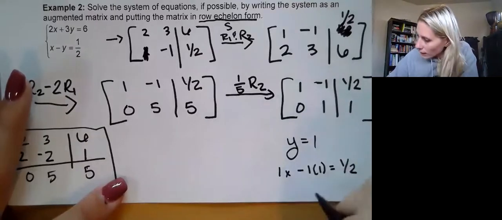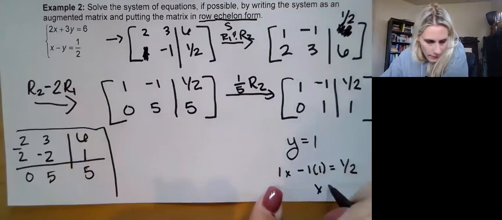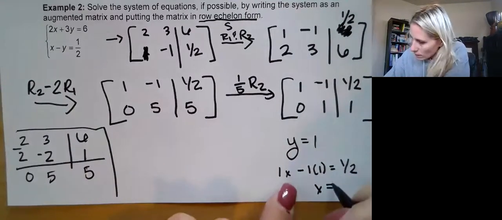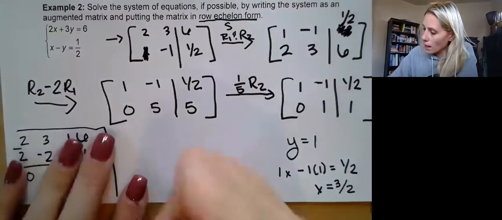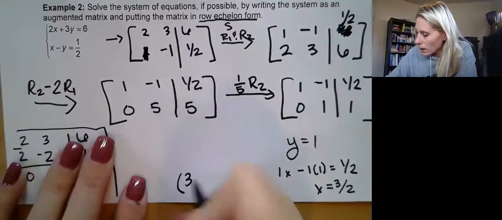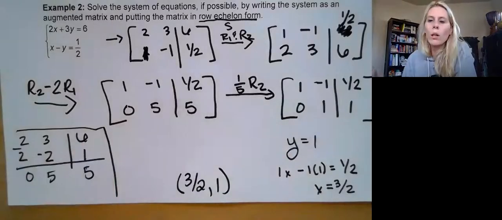And when we solve this out, we get x equals 3/2. So I know that our solution is (3/2, 1). Make sure your solution is in the correct order. Okay, good job.